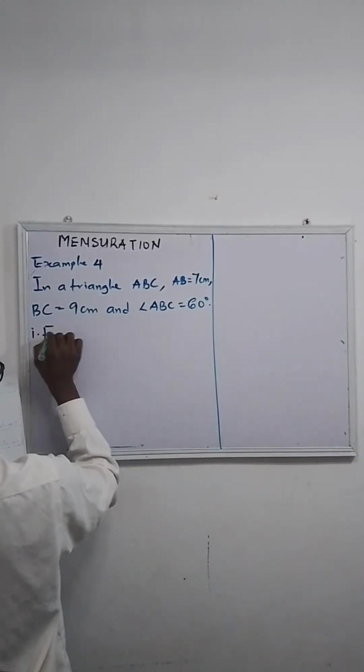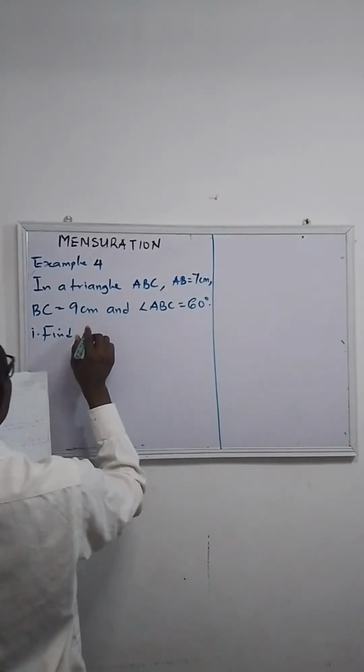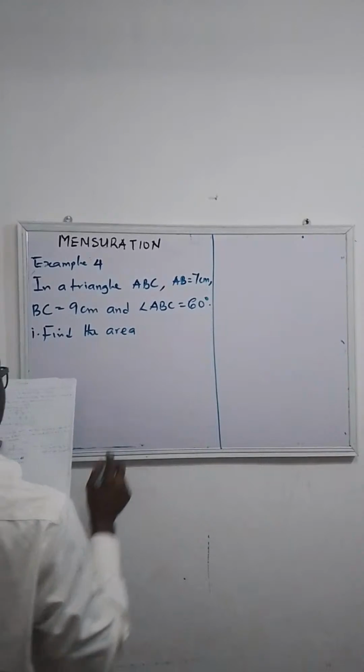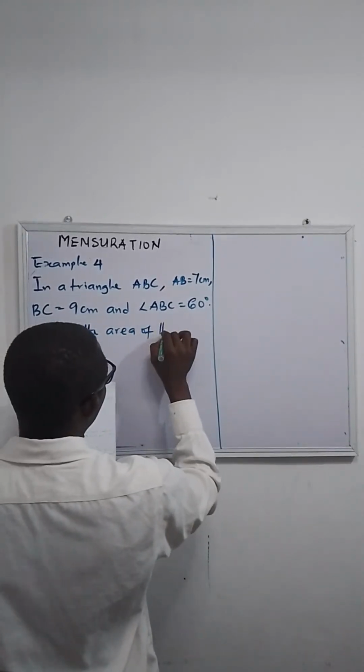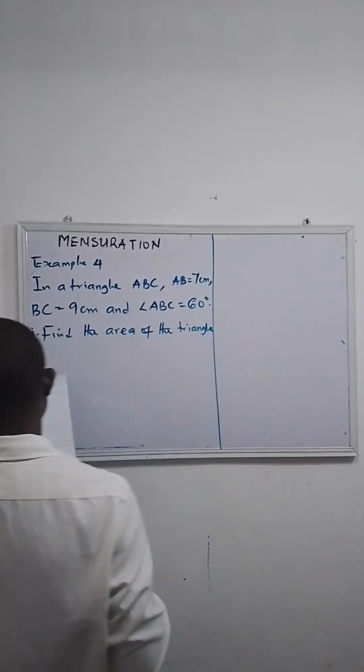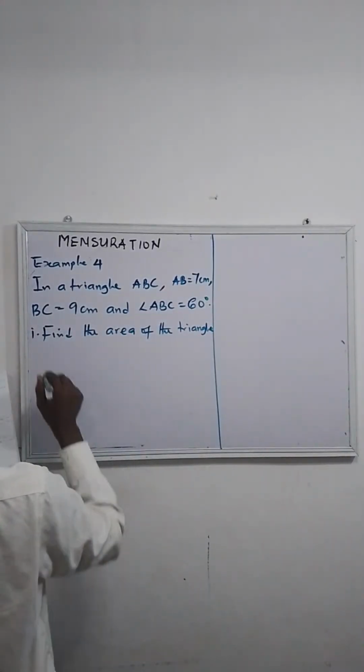Roman numeral 1, find the area of the triangle.